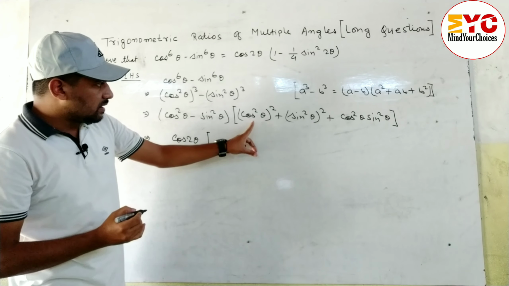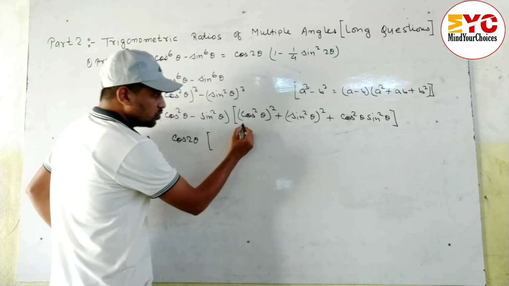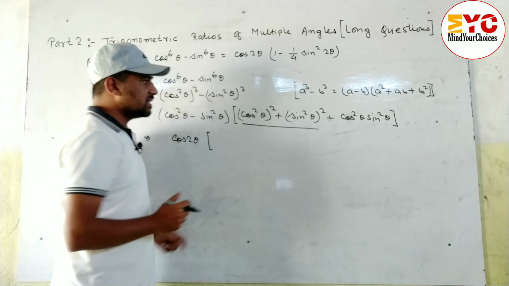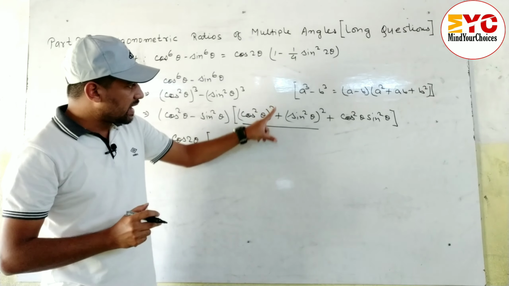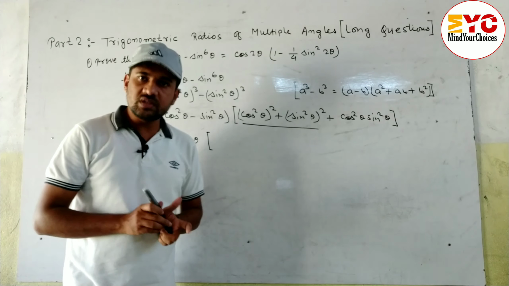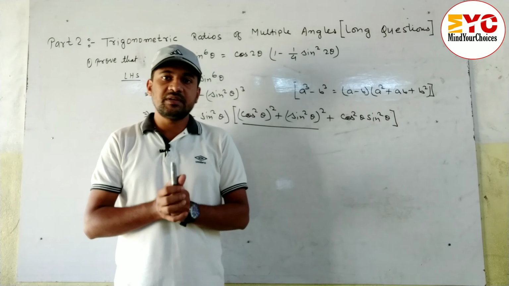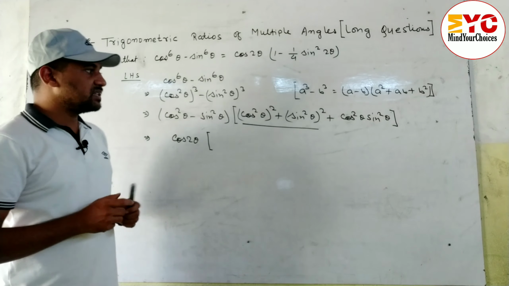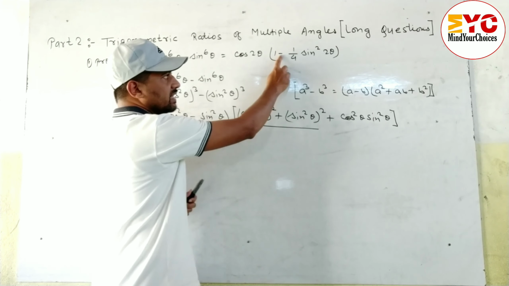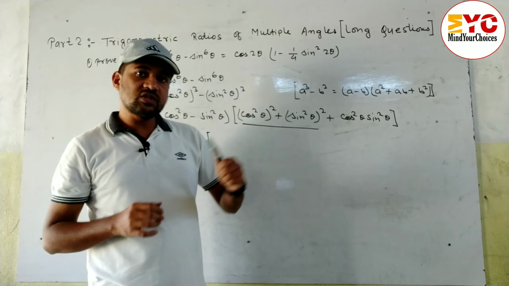Now look at how to convert. You can see this is in the form of two terms, the first term and second term, in the form of a square plus b square. Now we use the formula of a square plus b square. What is it? (a plus b) whole square minus 2ab, because we need a minus here. Another formula is (a minus b) whole square plus 2ab.